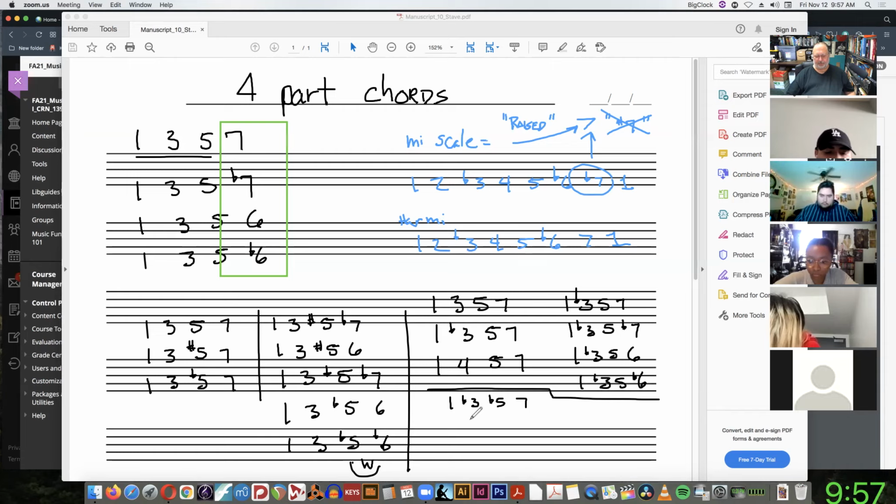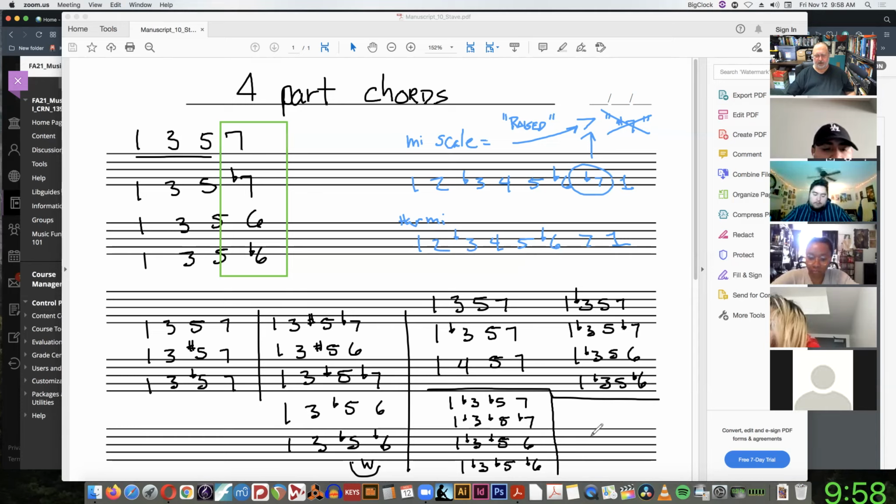Because I got both of those modified. So I got 1 flat 3, flat 5. Then I can modify the 7. I can go flat 7. Then I can go 1 flat 3, flat 5, 6, or 1 flat 3, flat 5, flat 6. You guys following me? Okay, so those are all the modifications I can use with a flat 5.